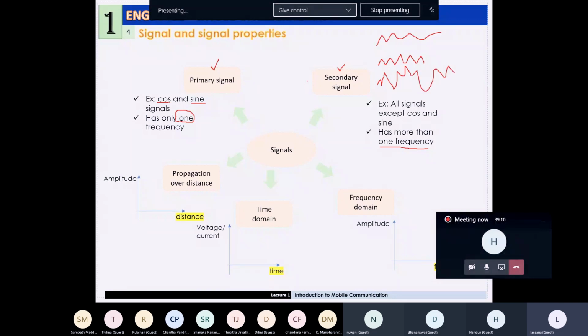Therefore, examples for primary signals are very clear. A primary signal may be either a cos signal or a sine signal.